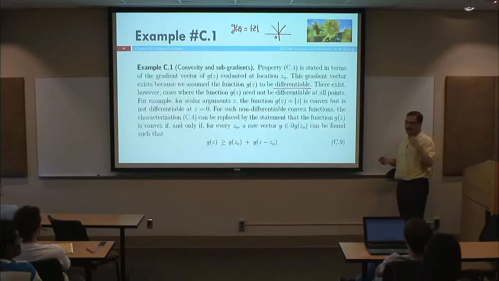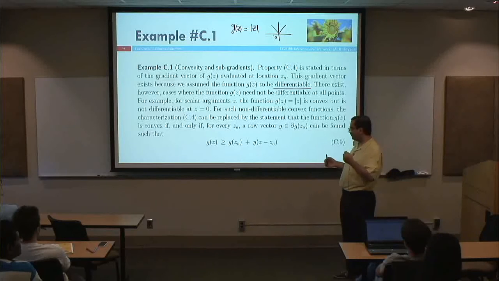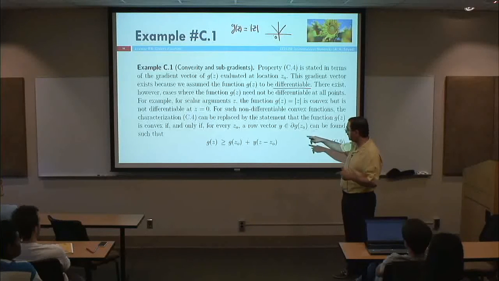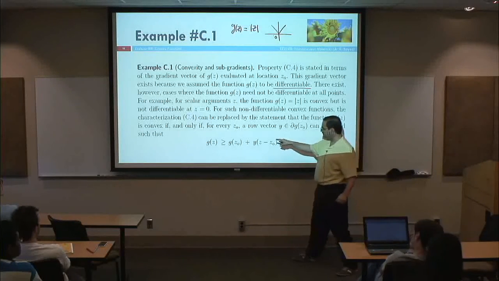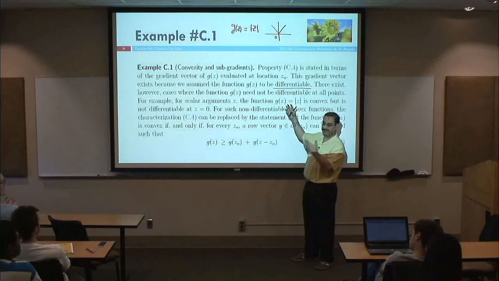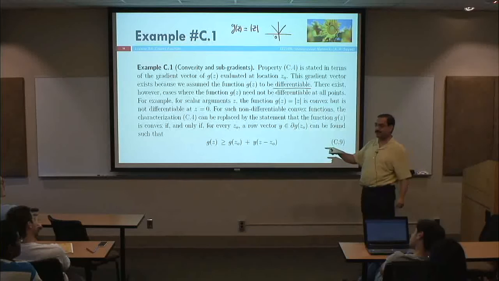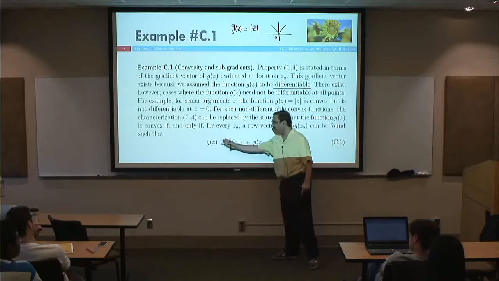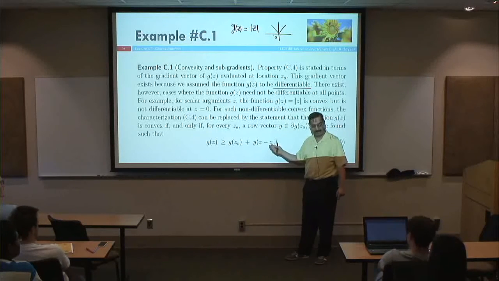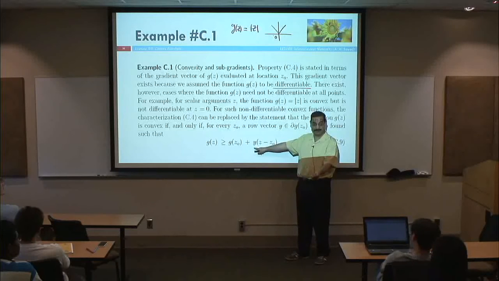So how do I define convexity in this case? The first definition is applicable, but I'm talking about the second property that involves bounding the function from below by a hyperplane where the gradient vector used to appear here.